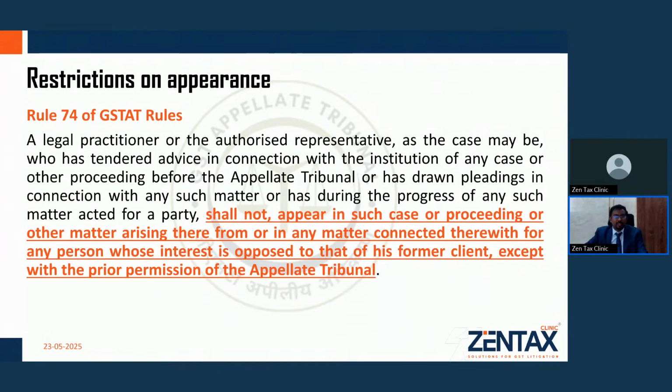Restrictions on appearance. I will just inform, say for example, in the case of fake ITC cases, this can be better interpreted.